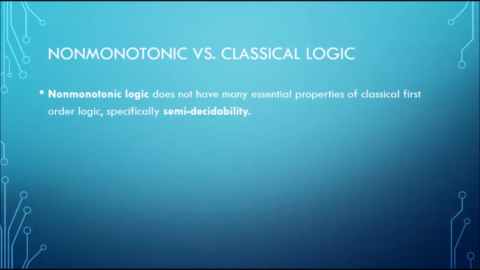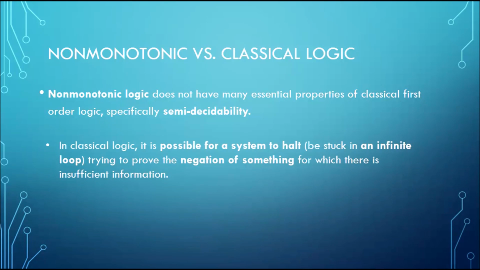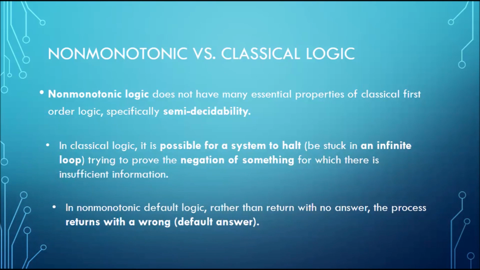Non-monotonic logic does not have many essential properties of classic first-order logic, specifically semi-decidability. In classic logic, it is possible for a system to be stuck in an infinite loop, trying to prove the negation of something for which there is insufficient information. In non-monotonic default logic, rather than returning with no answer, the process returns with a wrong default answer.